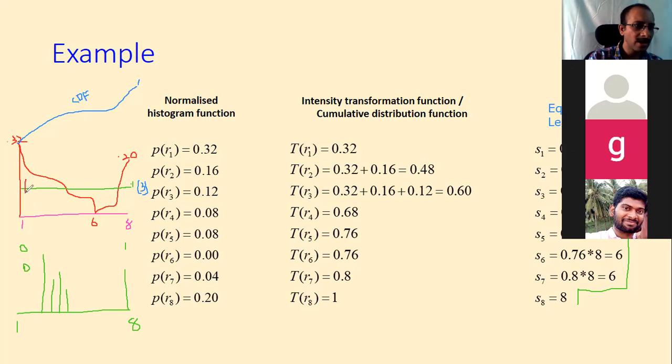Second one here. And then the third one, 3 pixels. And then the fourth one, 2 pixels. I think I have not drawn to scale. This also is not to scale.